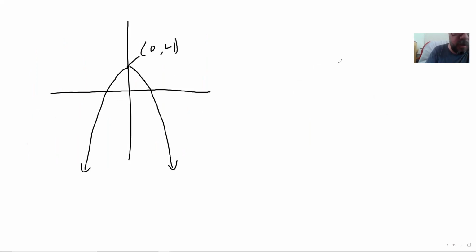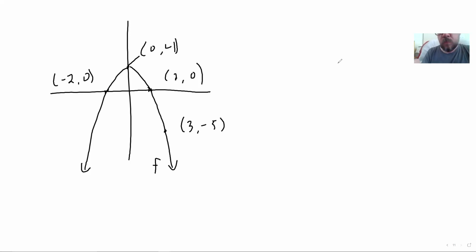It's that point right there, and these are (-2, 0), (2, 0), and then this guy right here is (3, -5). All right, so there's a variety of points on this graph that I know.